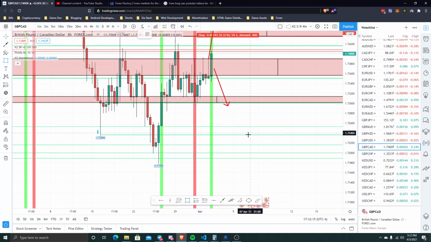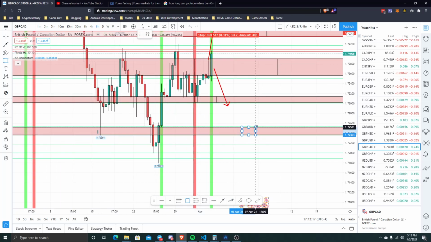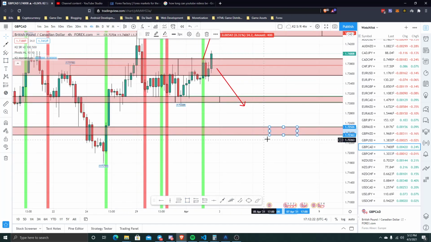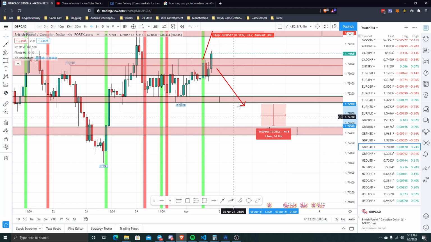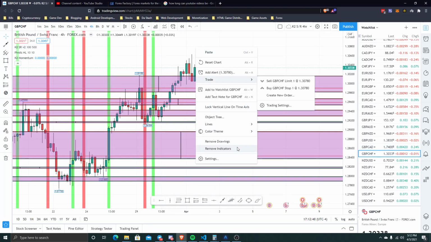Not until down here. So if price tends to break below the zone and peek below the zone here, I might go in for this sell. But like I said, that's only if the price decides to reverse and I have a bearish bias based off this indicator. So let's continue to the GBP CHF.